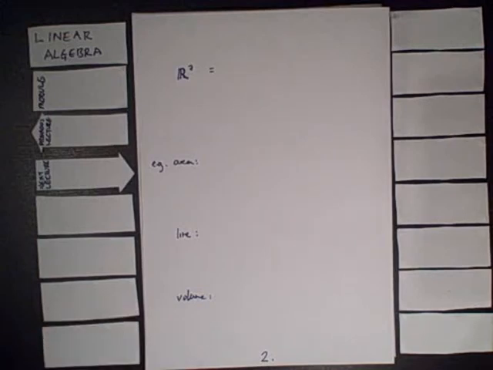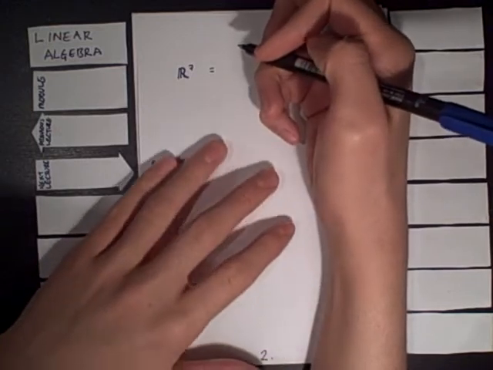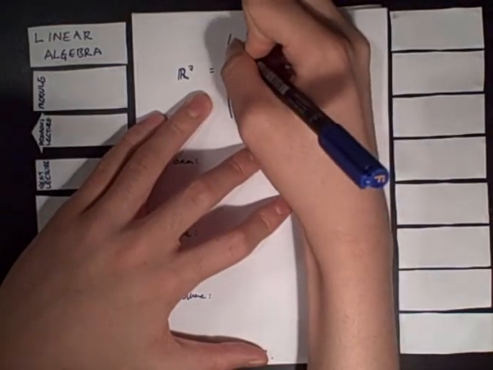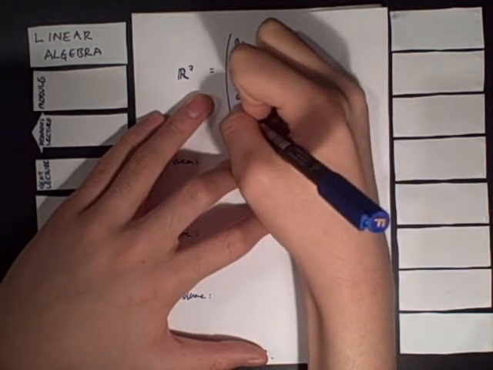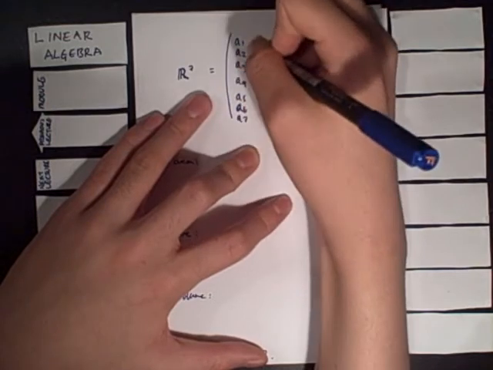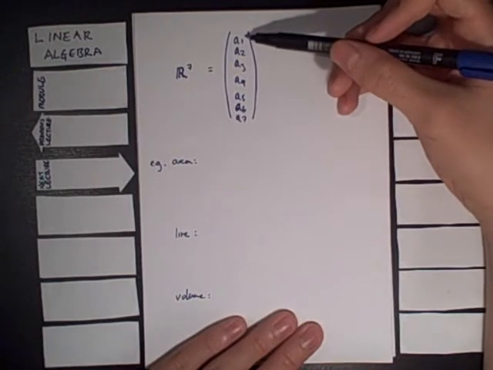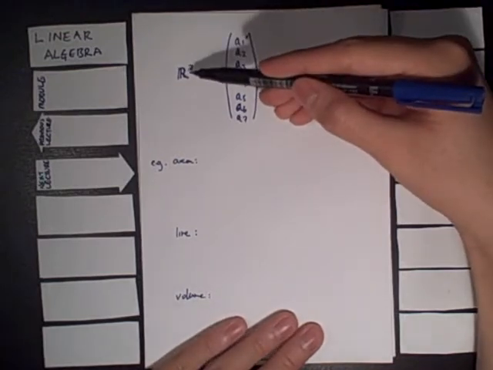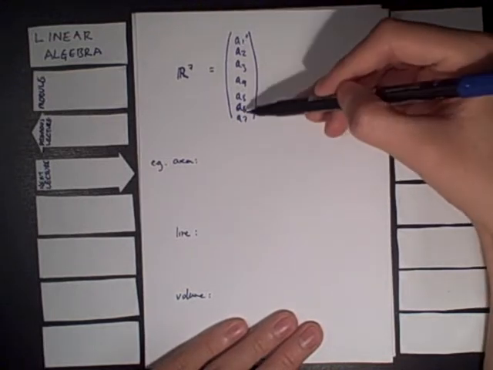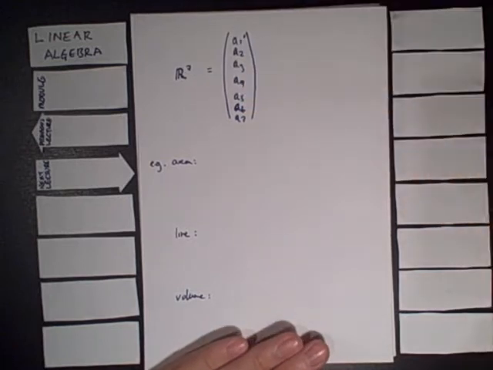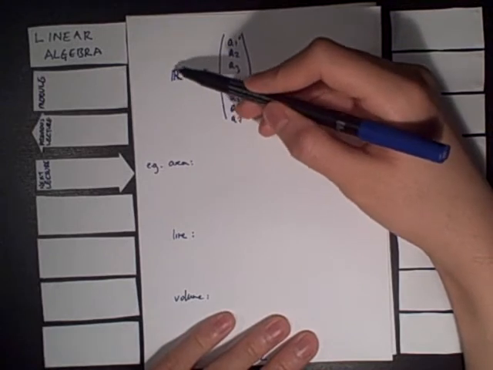So to give you an example, R7 refers to a vector with this number of elements. There are 7 elements in the vector, hence it's in R7. Each of these elements is real, hence why it's a real vector space. The funny looking R is a way of saying real.